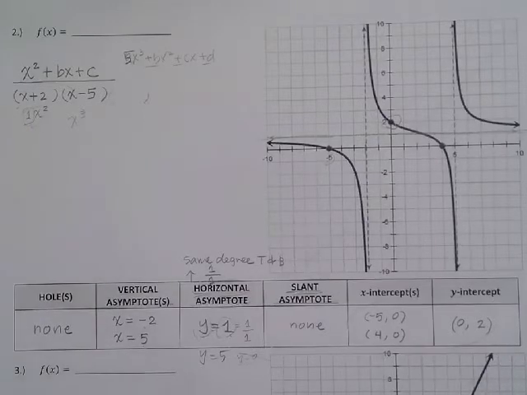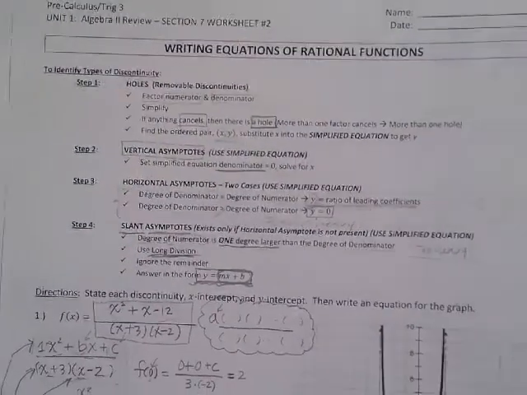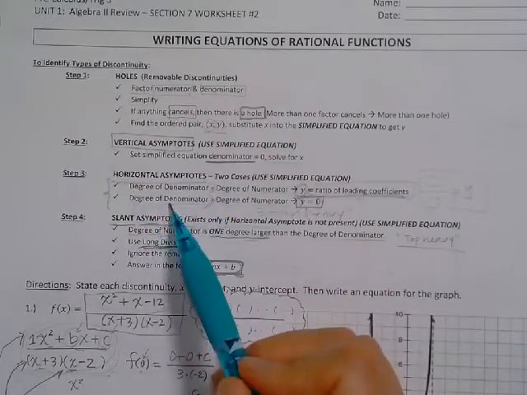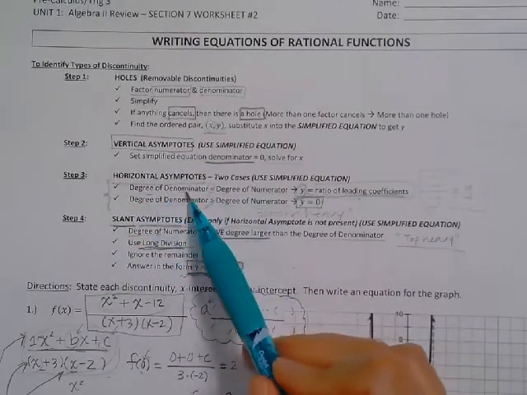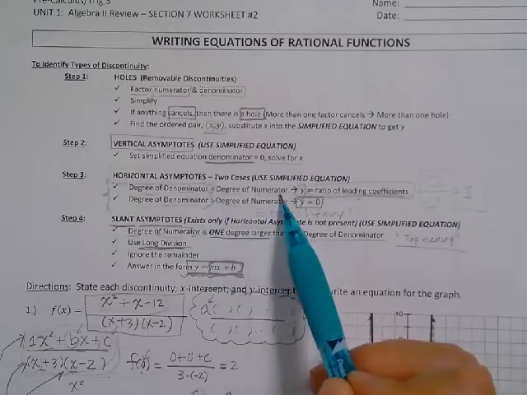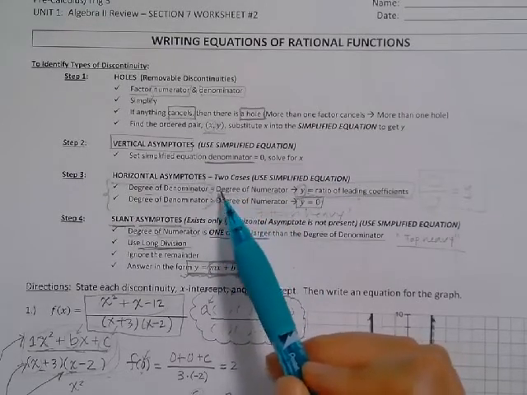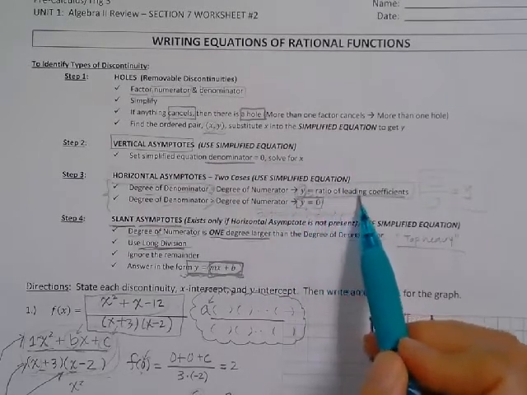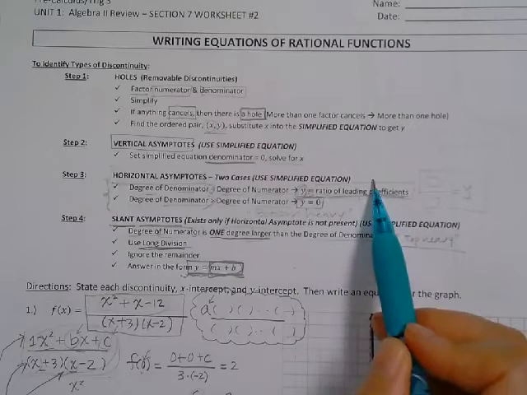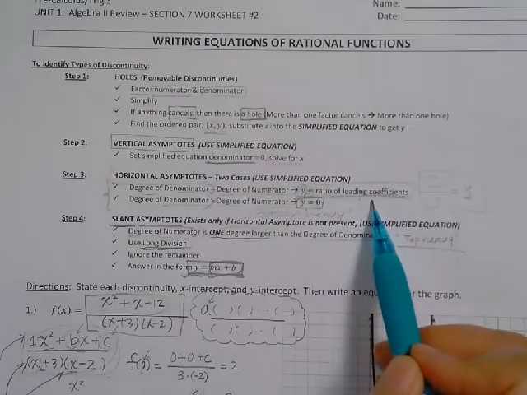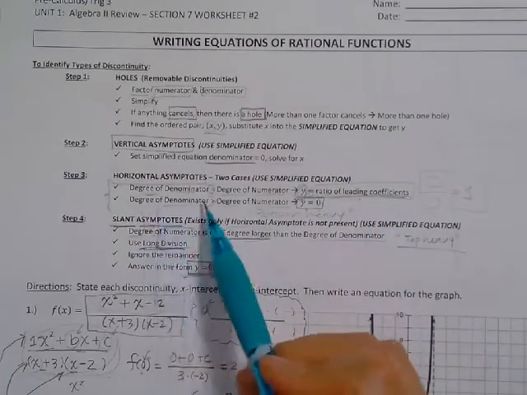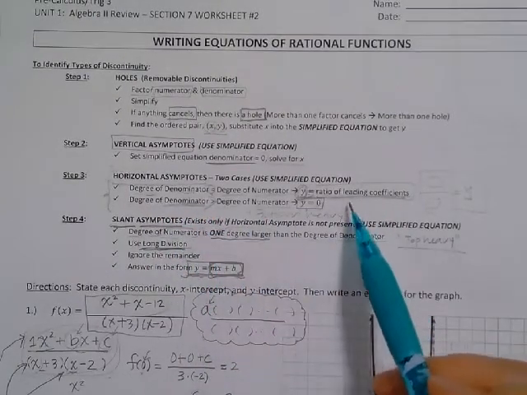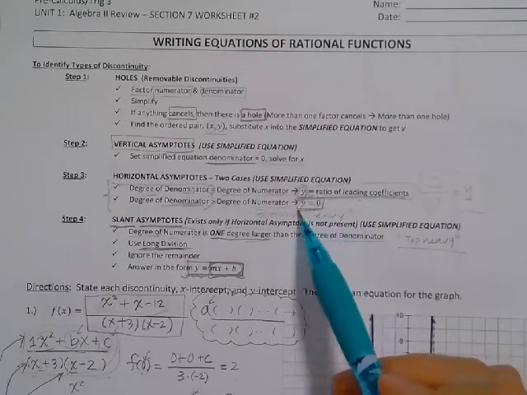Yeah, because look, let's go back to here. The horizontal asymptote is determined by two cases. Whether the degree of the denominator is the same as the degree of the numerator, then you will figure out y equals a certain ratio, leading coefficient on top over leading coefficient on bottom. Otherwise, if you have a higher degree on the denominator, it doesn't matter what you have on top and bottom, it's going to be just y equals 0.